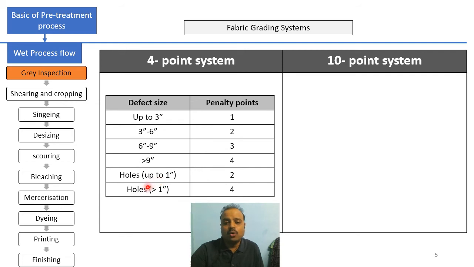And if there is a hole present of up to 1 inch, you can allot 2 penalty points, and if the hole is greater than 1 inch, you can allot 4 points, right? Here you can see 1 point is given to a defect length up to 3 inch, 2 points to a defect length between 3 inch to 6 inch, 3 penalty points to a defect size of 6 inch to 9 inch, and 4 points to a defect length greater than 9 inch.